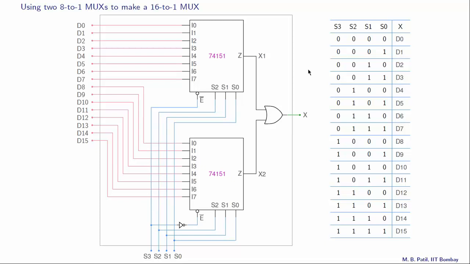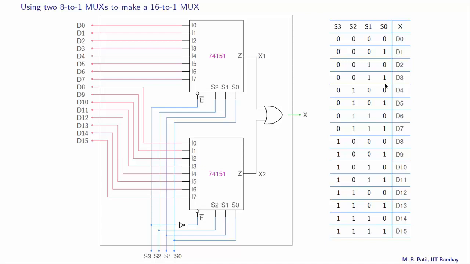What we will do now is to consider two cases, one corresponding to this first part of the table, and second to this second part of the table. And in each case we will verify whether this output x is what we would expect from this truth table. Alright, let us take this case first, in which S3 is 0, S2 is 0, S1 is 1, and S0 is 1.